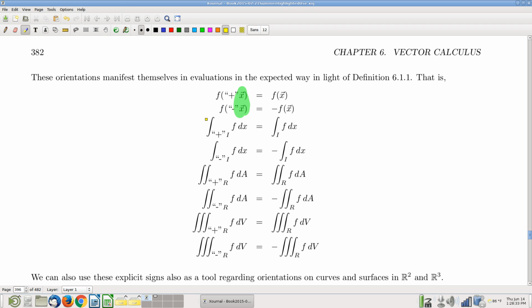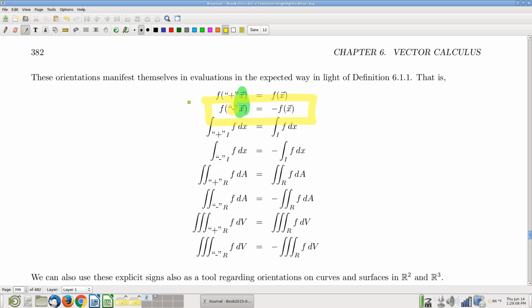What I mean by positive versus negative is, if it's positively oriented, then you evaluate normally. Namely, you multiply by positive 1. And if you have a negative orientation on your point, then just like taking an opposite orientation on a line integral, just like taking an opposite orientation on a surface integral, the negative orientation on a point just means that when you evaluate a function, you multiply by negative 1.